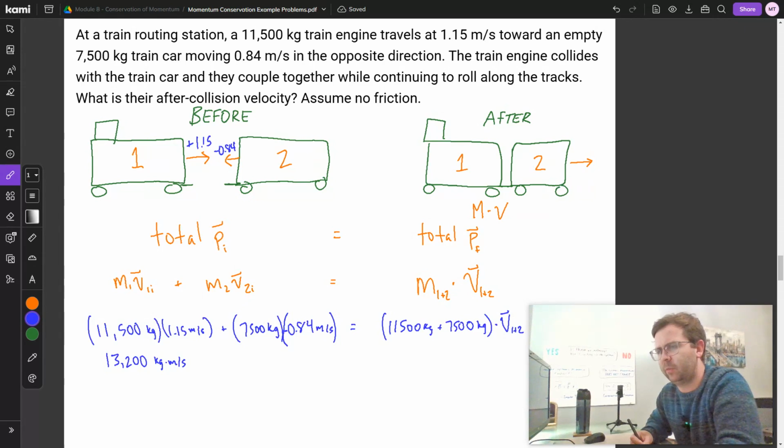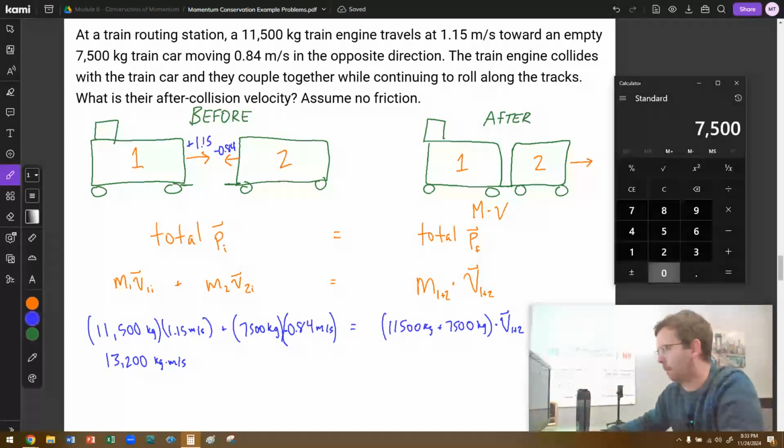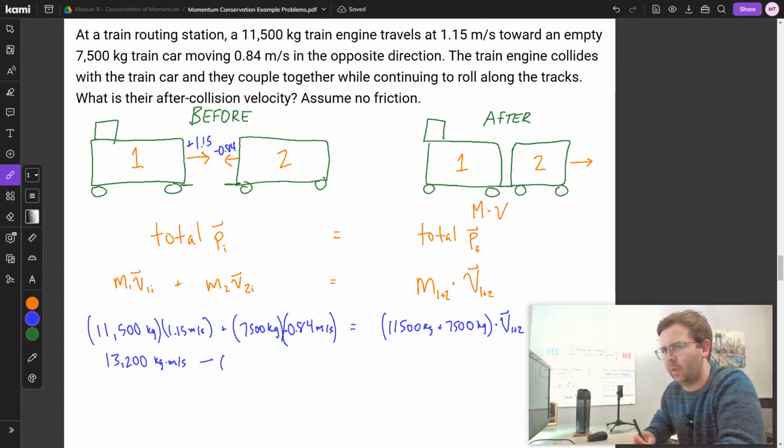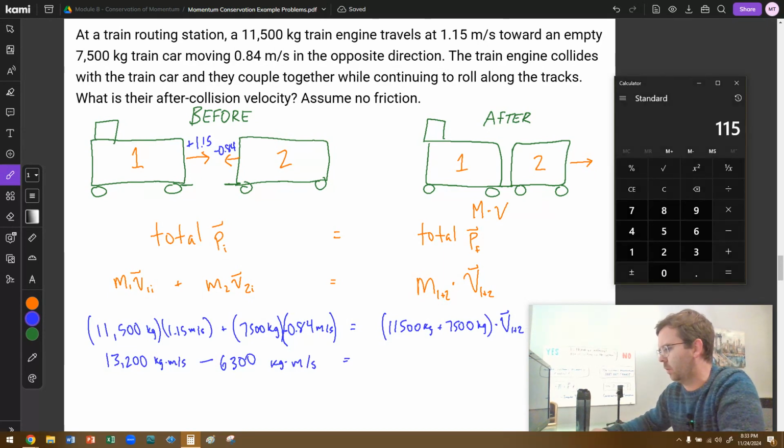And then 7,500 times 0.84 is 6,300, and that's negative, so it's going to be minus 6,300 kilograms times meters per second. And then that will be equal to our total mass of the two cars together, which is 19,000 kilograms.